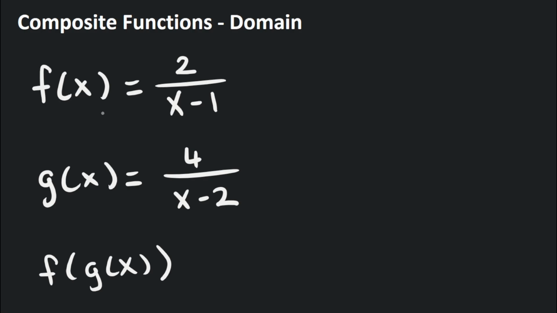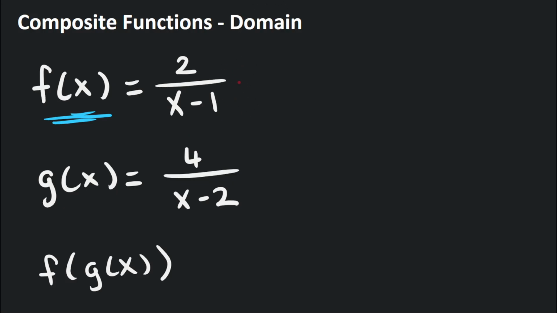Okay, so first, let's go ahead and take a look at the domain of f of x. So we can tell f of x is a rational function, and for this rational function right here, 2 over x minus 1, the domain is any x value as long as it doesn't make the denominator 0.